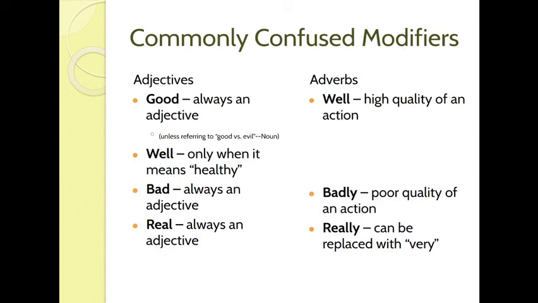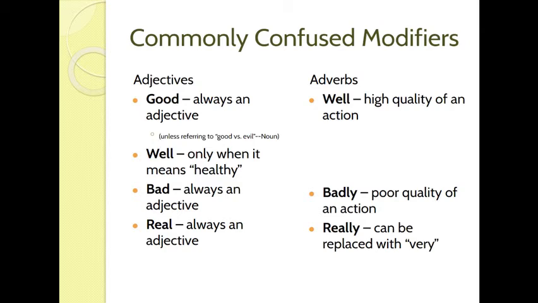Badly is kind of the opposite of doing something well. You do something badly. If you do something bad, it means it's like doing something evil in that regard. Do something badly means you're not good at it. Really, again, really is one of those intensifying adverbs. So if you can replace it with very, really is the correct choice. Because remember, very is always an adverb.